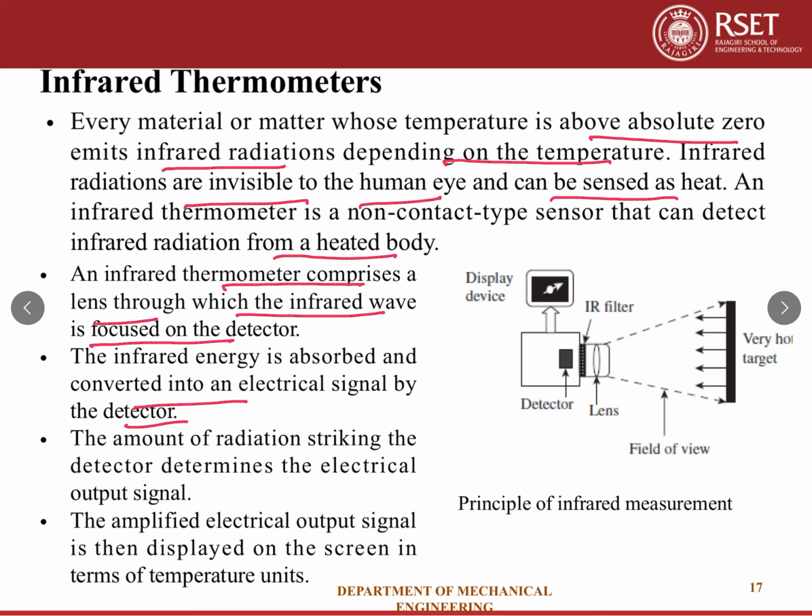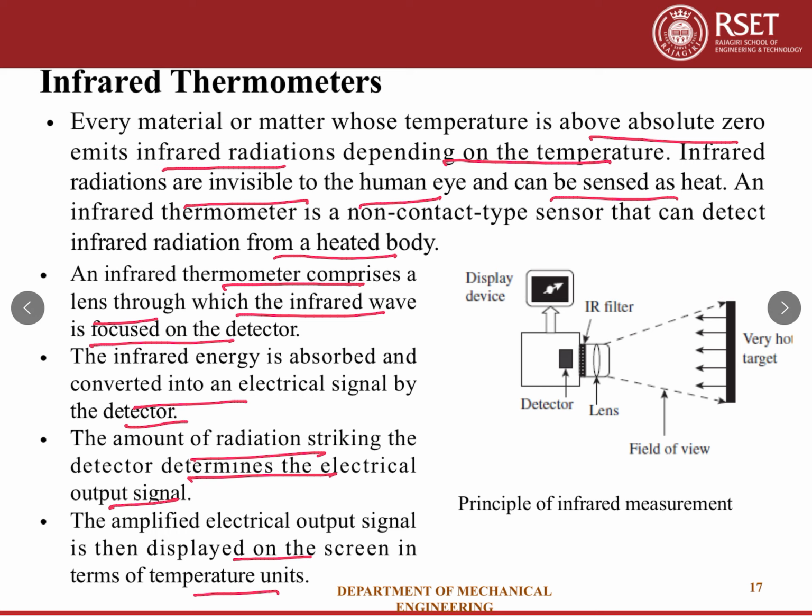So the output will be an electrical signal. The amount of radiation striking the detector determines the electrical output signal. The amplified electrical output signal is then displayed on the screen in terms of temperature units.